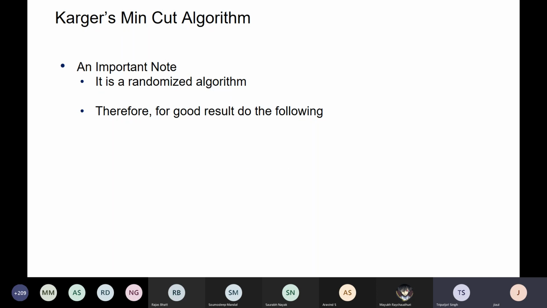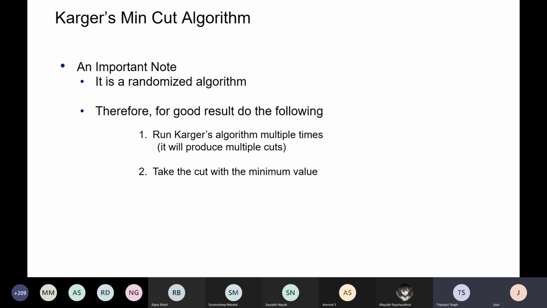A simple trick that you can do is to run this algorithm multiple times. If you run it multiple times, it's going to produce multiple cuts. For every run you get one cut value, and then of course you take the cut with the minimum value. If you run it n times, you're going to have n values, and you choose the one having the minimum value.